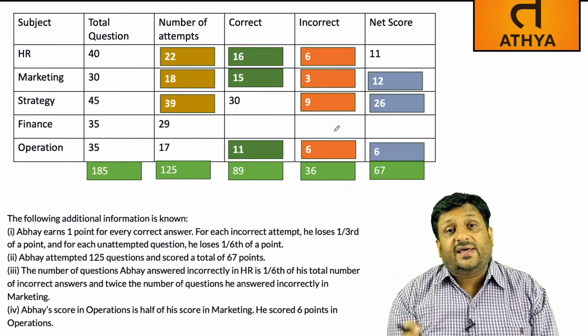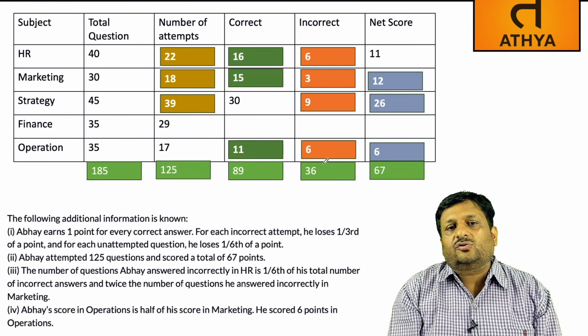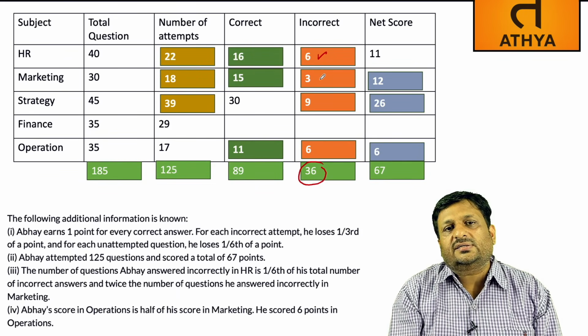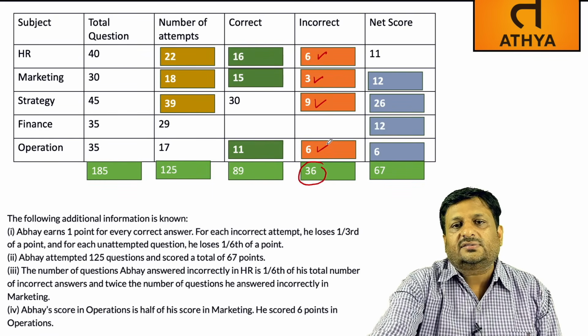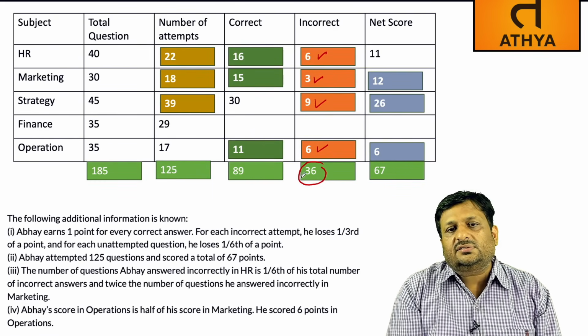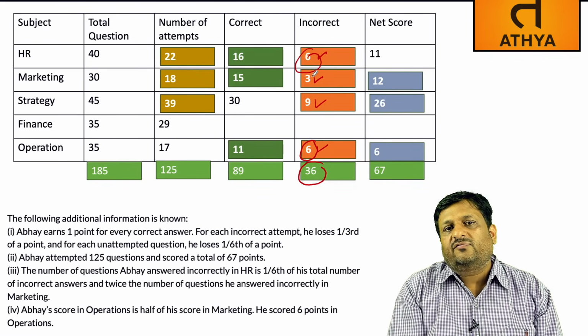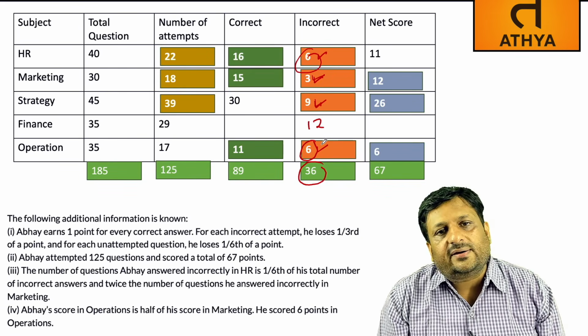So last is finance, and we can solve for finance as well. Total incorrect questions are 36. So 36 minus 6 minus 3 minus 9 minus 6 makes 12. So 12 are incorrect here.